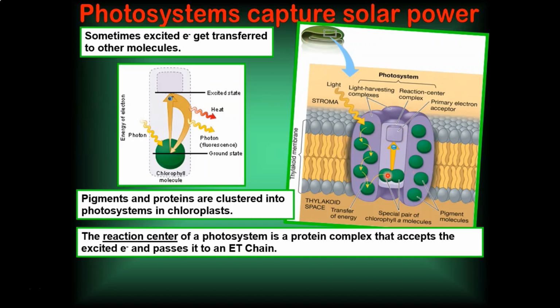Pretty neat. So you have something called the reaction center here. This is the reaction center complex, and there's a protein complex that accepts excited electrons. Photon energy comes in, so light is going to excite chlorophyll, and the energy gets transferred from one pigment to another until you reach this special pair of chlorophyll A molecules.